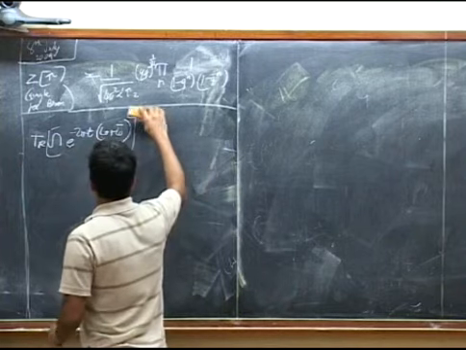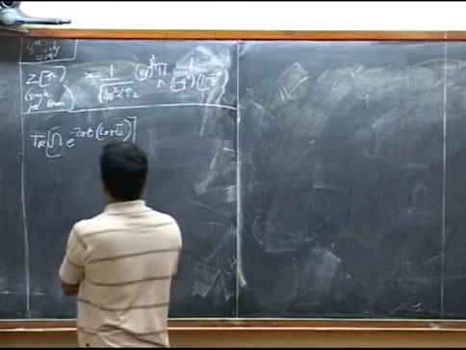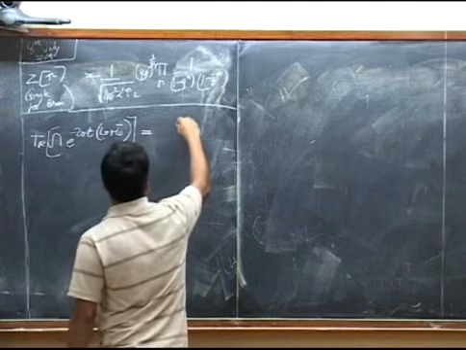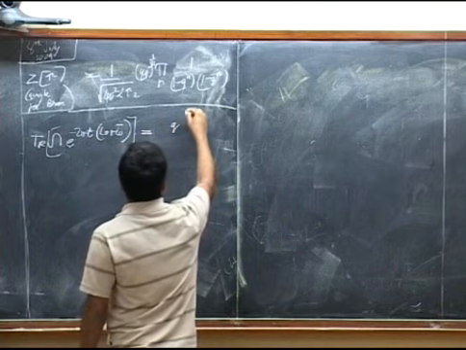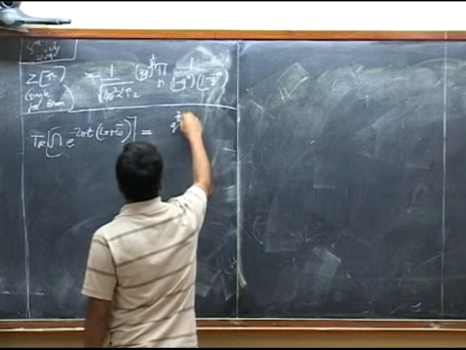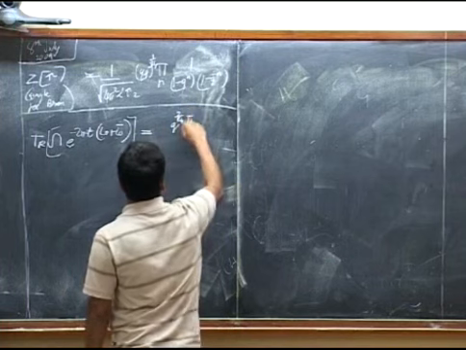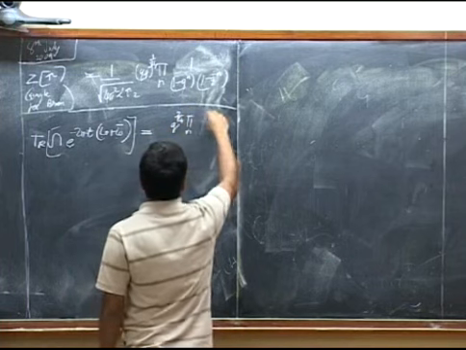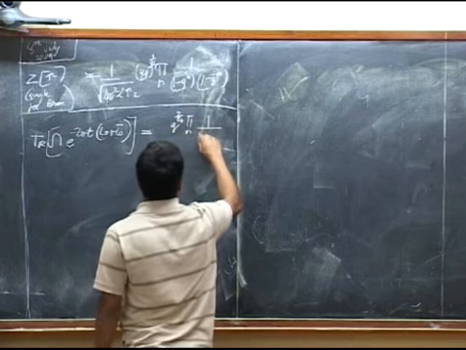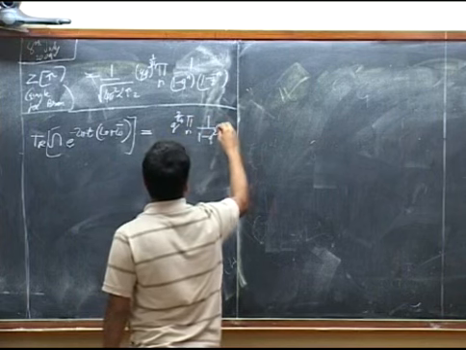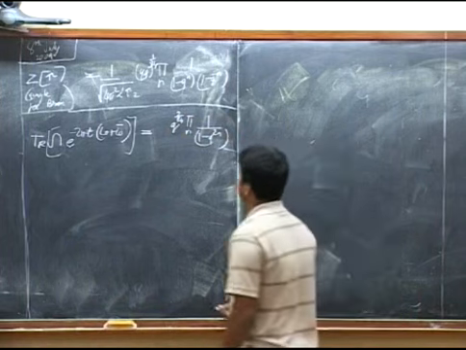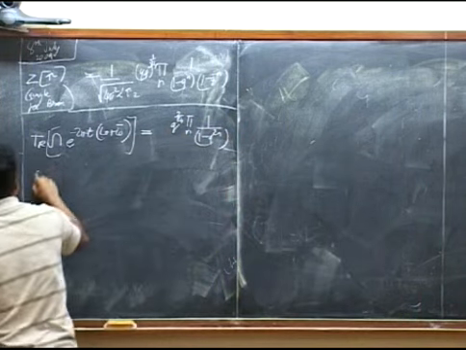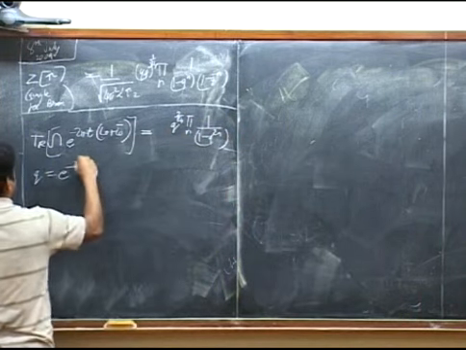So as far as the oscillators went, we got q to the power minus 2 over 24, product over n of 1 over 1 minus q to the power 2n, where q was equal to e to the power minus 2 pi t.